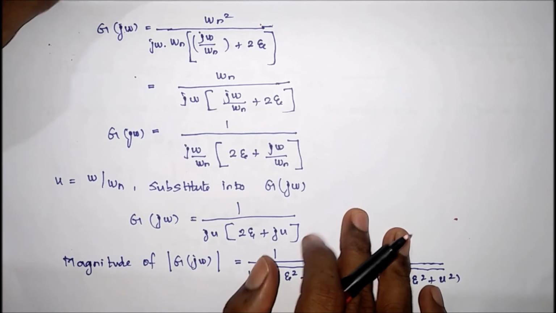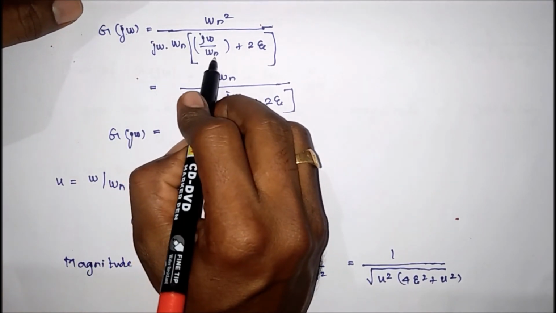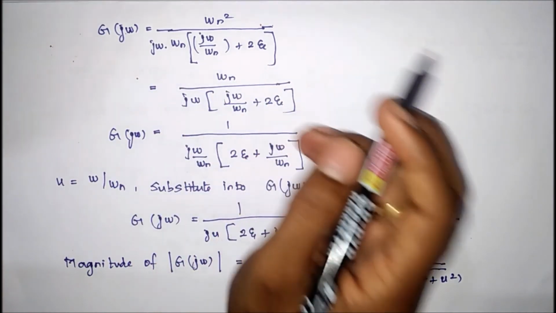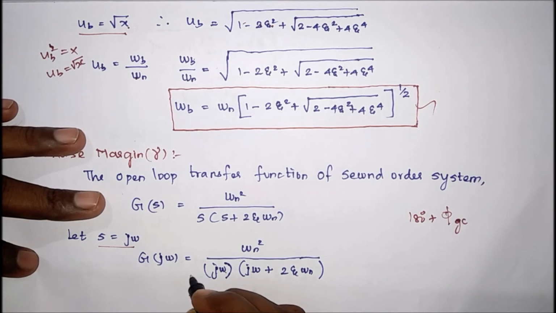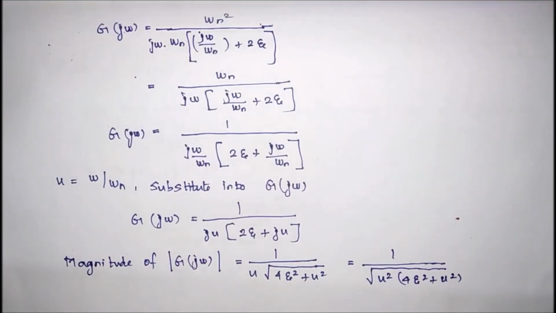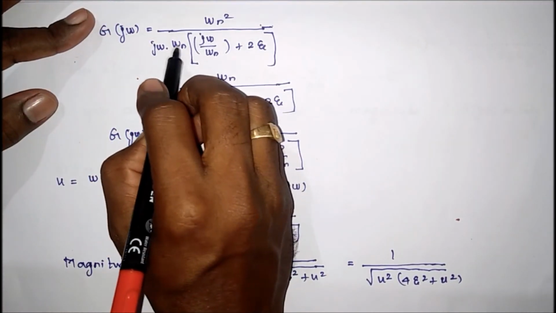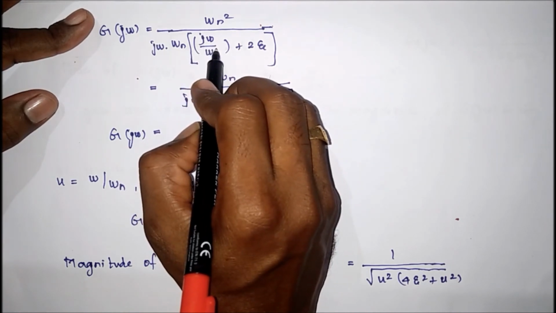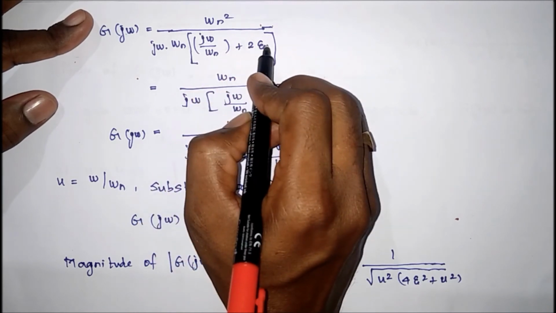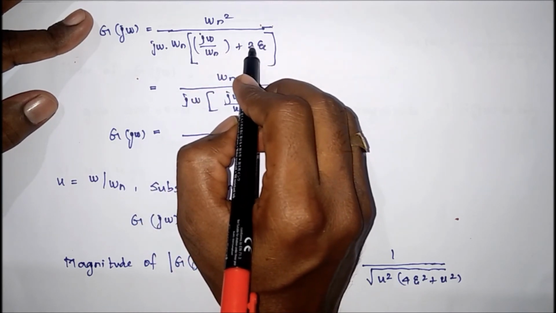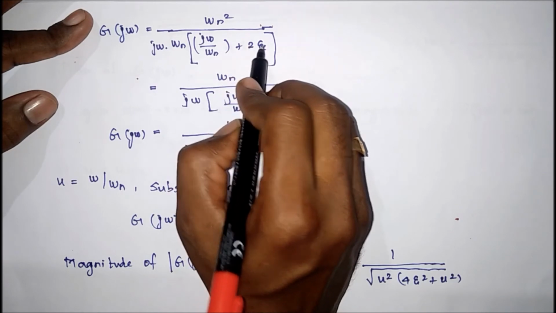After that, we are going to take omega n outside. From this equation we take omega n outside, so in the denominator it will become omega n. In the first term omega n is not available, therefore omega n in the denominator for the first term. In the second term omega n is available, therefore we take it outside, so it will become 2 eta.